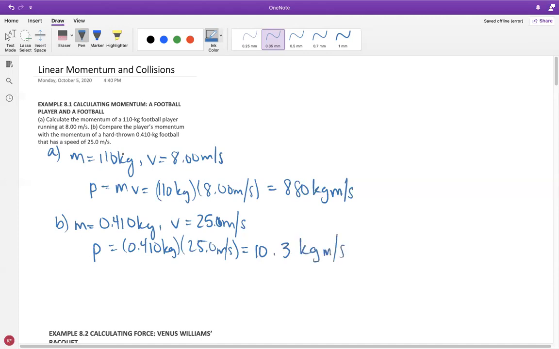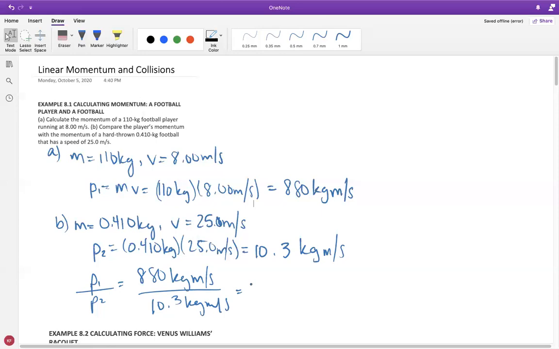Okay, and if we're trying to compare the two, you can say that's P1 and this is P2. P1 over P2, you can say 880 over 10.3. It's about 85.9.